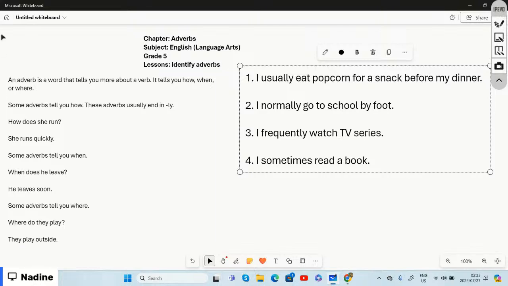The first one says, I usually eat popcorn for a snack before my dinner.